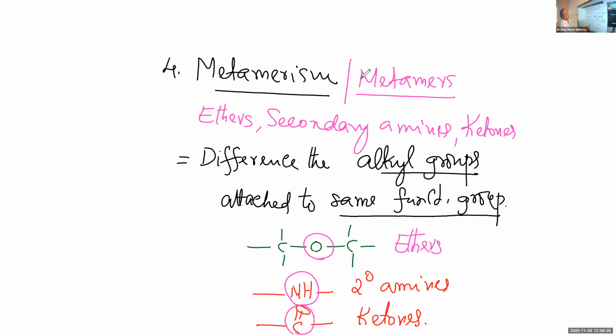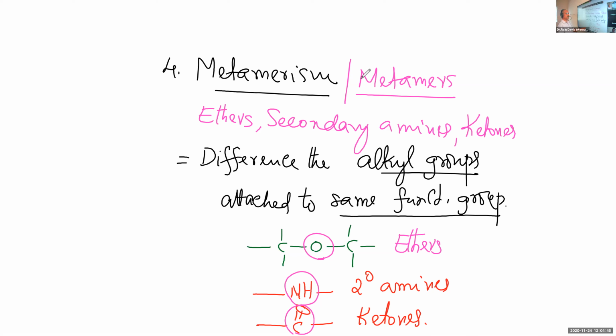So in ethers, there is an oxide linkage between two carbon atoms, and that linkage is called the ether linkage. We can write it as C-O-C, and that is the linkage in ethers. On to the secondary amines.